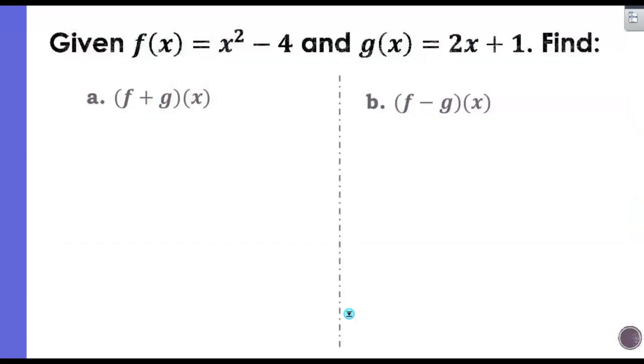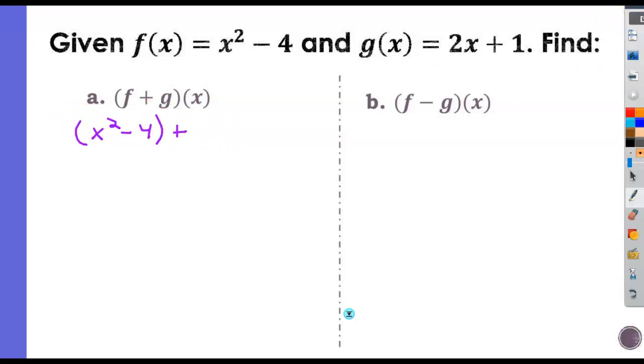So let's try these two examples here. Given f of x is x squared minus 4, g of x is 2x plus 1, find these. F plus g of x. That means I'm going to take f of x, which is x squared minus 4, and add it to g of x, which is 2x plus 1.